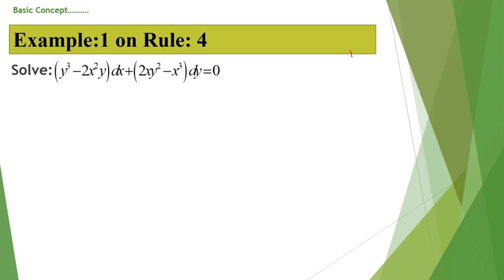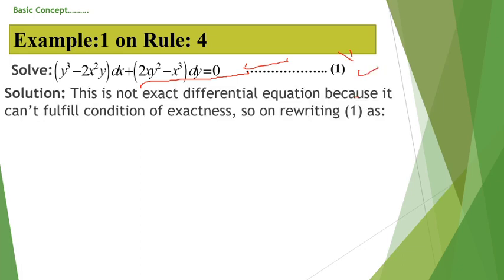Solve (y cube minus 2x square y) dx plus (2x y square minus x cube) dy is equals to 0. Let it be equation number 1. This is not an exact differential equation because it can't fulfill the condition of exactness. We can check the exactness.